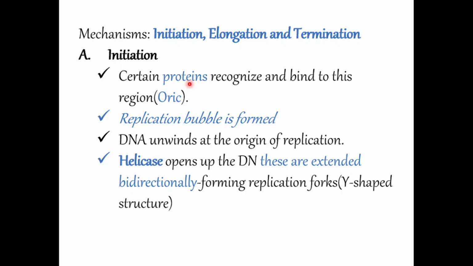After that, a complex will be formed. So a replication bubble is formed. Then DNA unwinding begins. The helicase enzyme cuts the bonds and opens up the DNA in both directions, forming what we call the DNA replication fork, a Y-shaped structure.